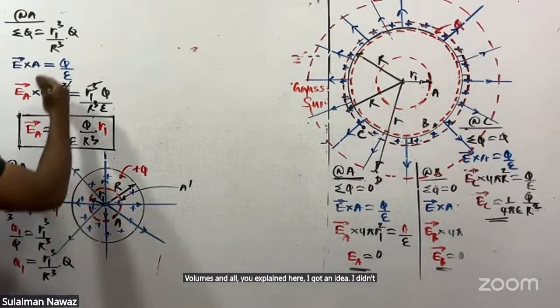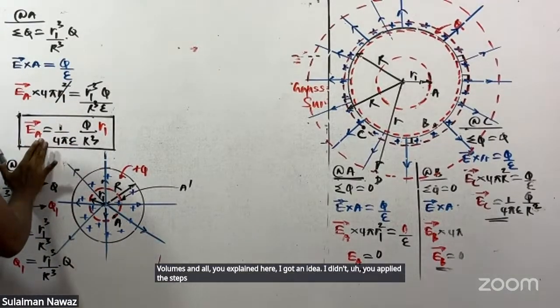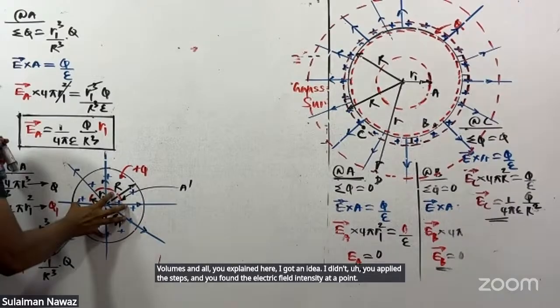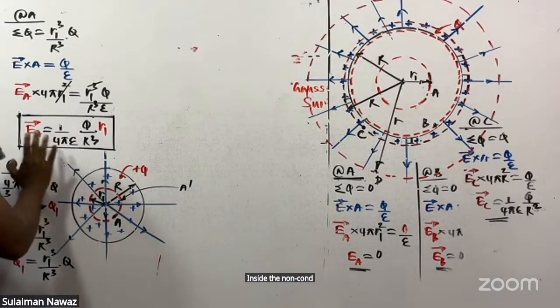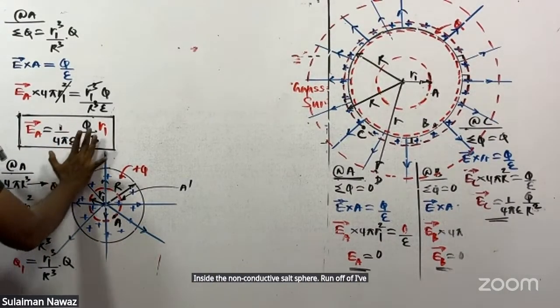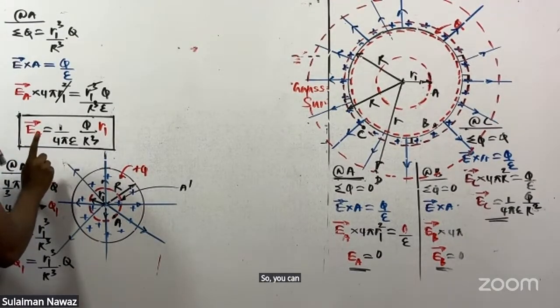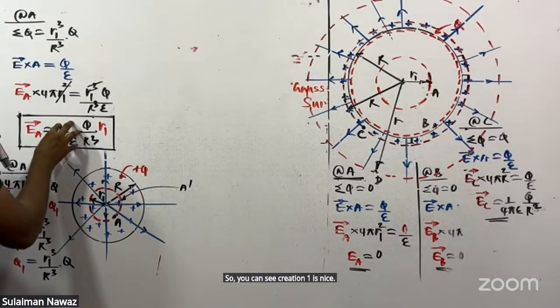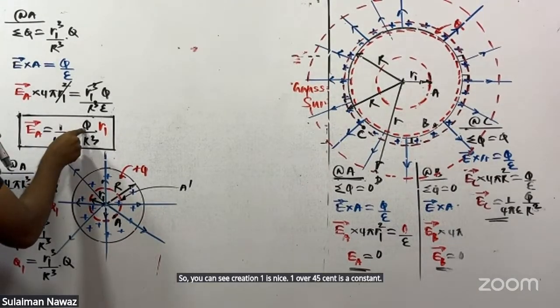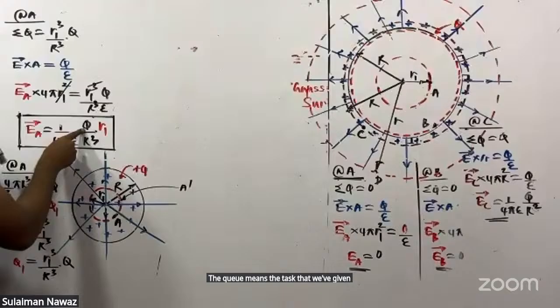Then you applied the steps and found the electric field intensity at a point inside the non-conductive solid sphere, 1 over 4 pi epsilon times Q over R cube times R1. So in this equation, 1 over 4 pi epsilon is a constant, and the Q, the charge that is given, is a constant.